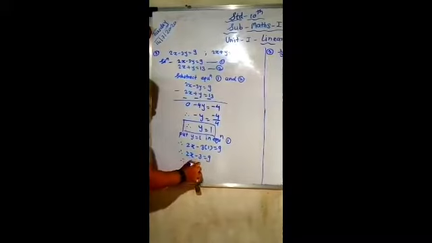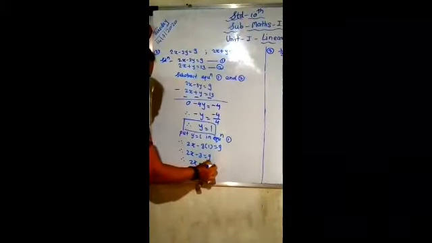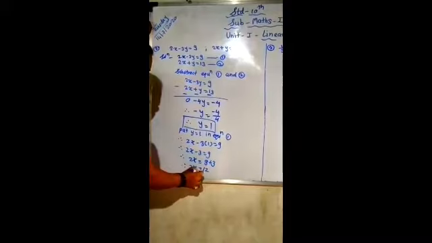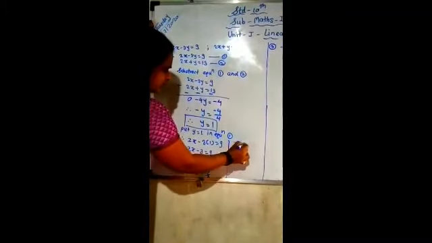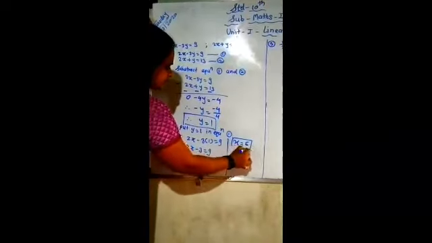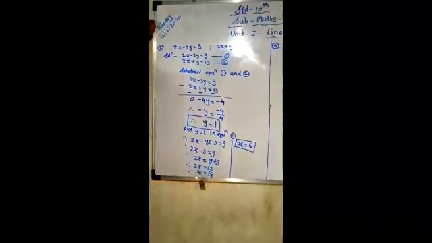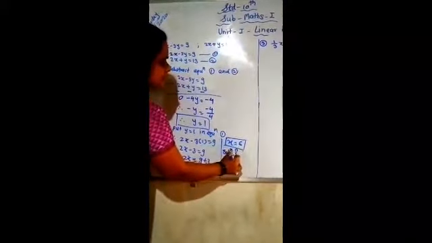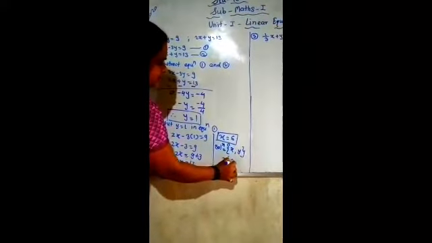Then 2x is equal to 9 plus 3. Therefore 2x is equal to 12. Then x is equal to 12 upon 2. Then we get the value of x is equal to 6. We get here x is equal to 6 and y is equal to 1. Then write down the solution in curly bracket x, y, 6 and 1.